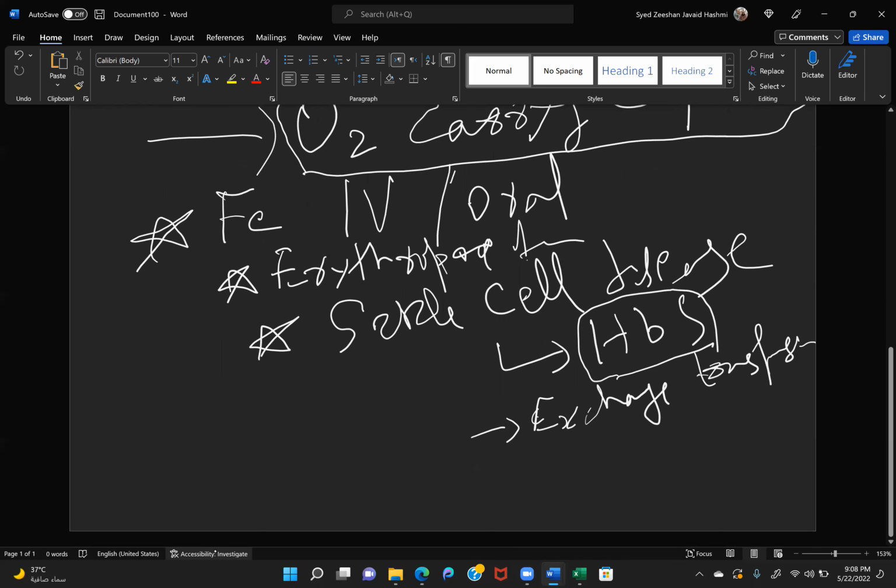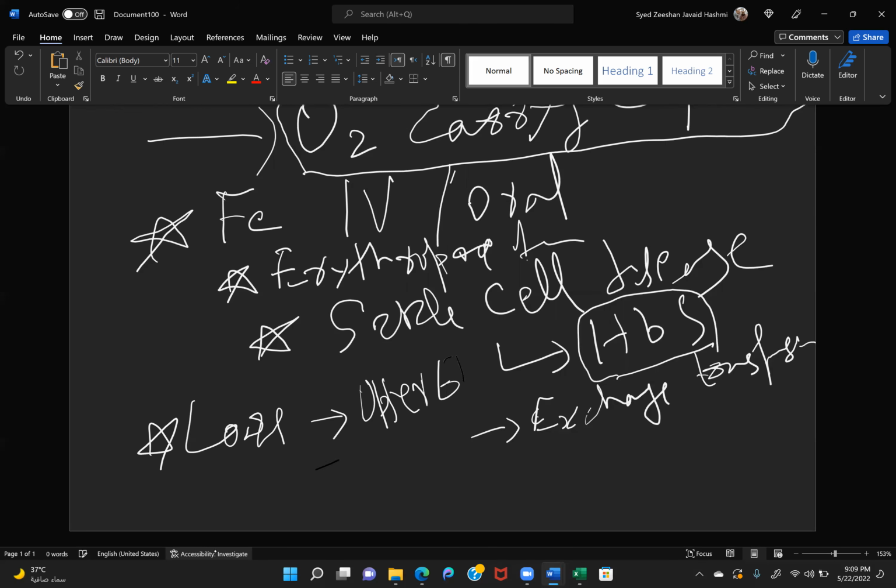And then another thing is that, if there is acute loss going on, you have to treat it like any upper GI bleed, lower GI bleed, hemorrhoid, hematuria, hematemesis.